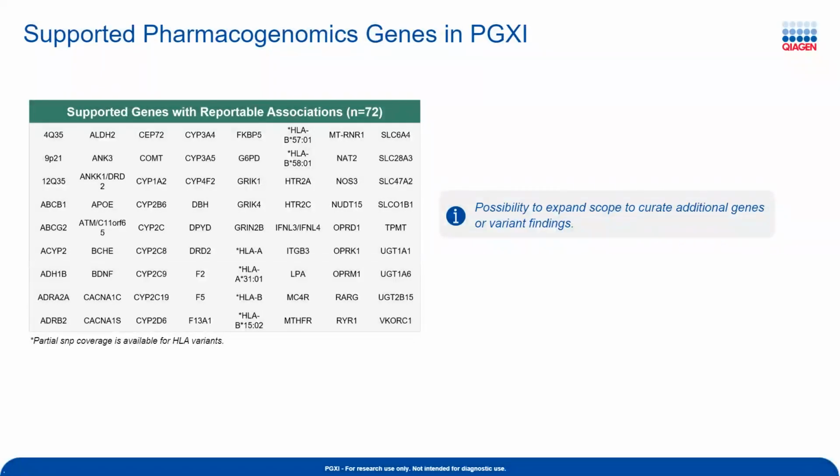The PGXI knowledge base also currently supports drug dosing recommendations for 72 clinically actionable genes. However, the curation pipeline is scalable to expand this curation for additional genes and variants when that need arises.